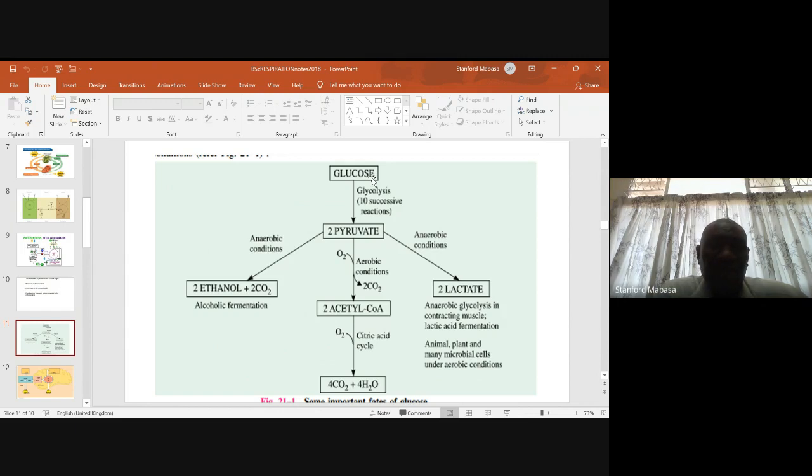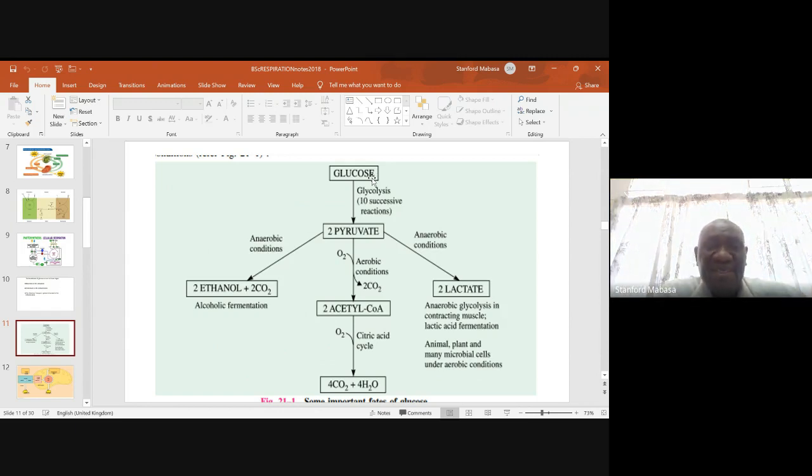That is one route. You might have had some cramp after an exercise. It could be due to lactic acid accumulation. This is due to anaerobic respiration.